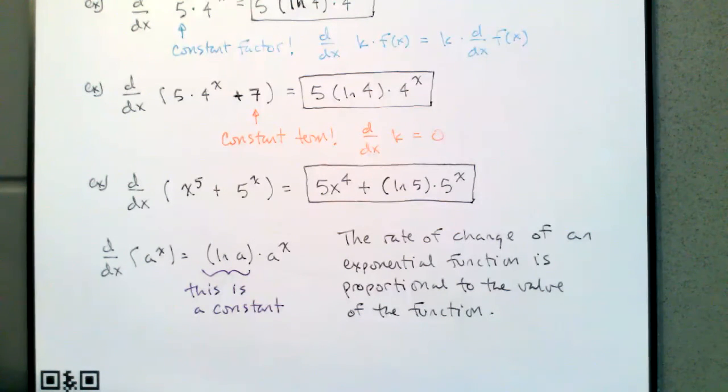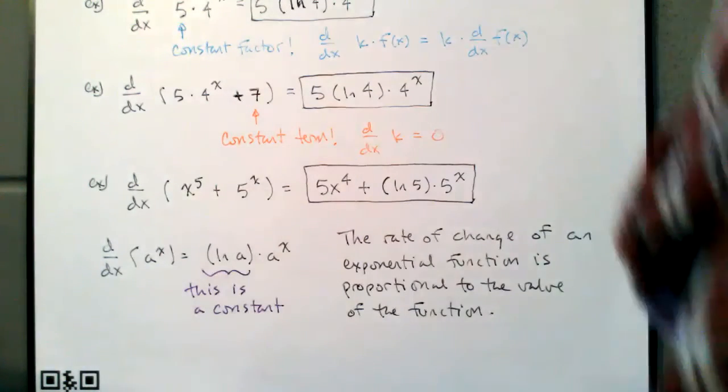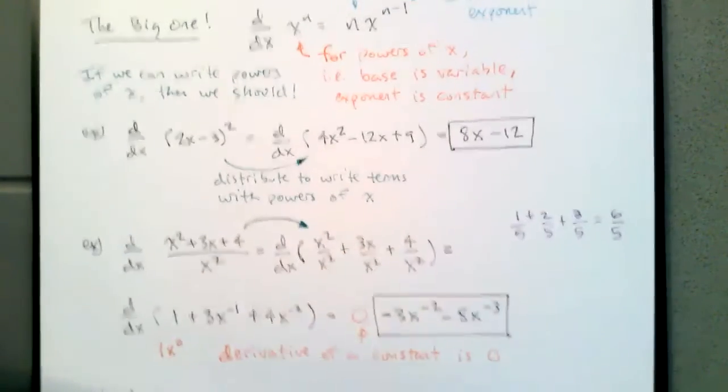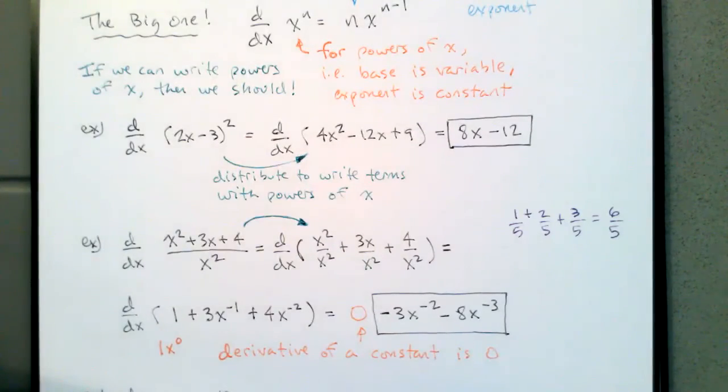Any questions? Yes, Professor Lich. On the example, you have x to the fifth power plus 5 to the x power. And then to the right, how come you don't put the ln in front of the 5x to the 4th power? That's a different function. In that term, we're using this rule: the derivative of x to the n is nx to the n minus 1.